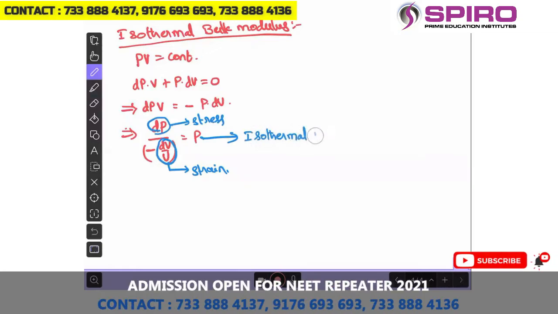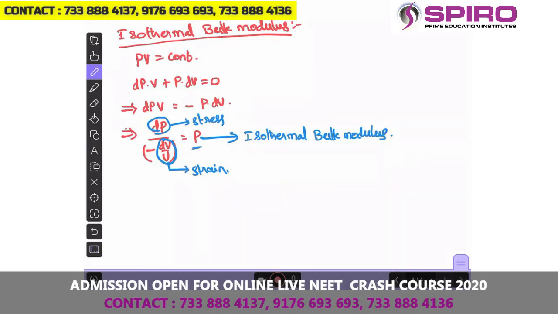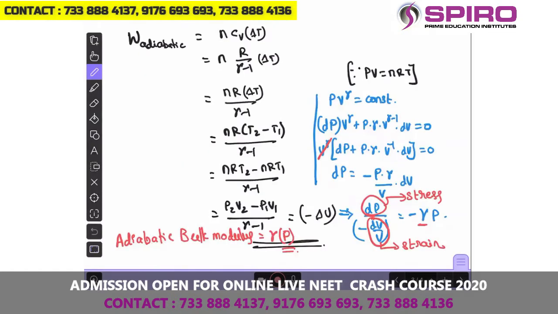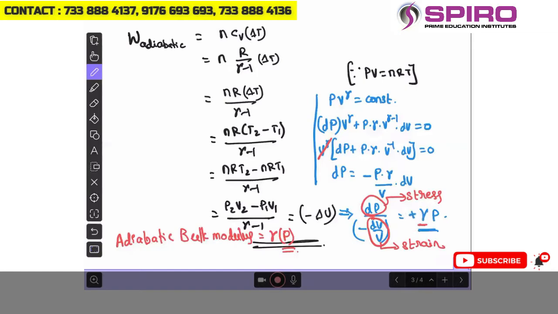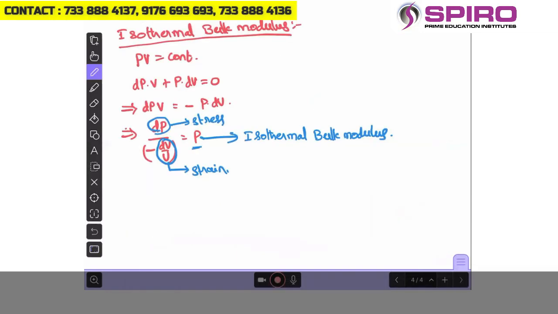The pressure itself is the isothermal bulk modulus, and gamma times the pressure, which you got in the previous slide, is the adiabatic bulk modulus. Of course, the minus is not there. So P is the isothermal bulk modulus, and gamma times the isothermal bulk modulus is the adiabatic bulk modulus. So you can establish a relation between the isothermal and adiabatic bulk modulus here.